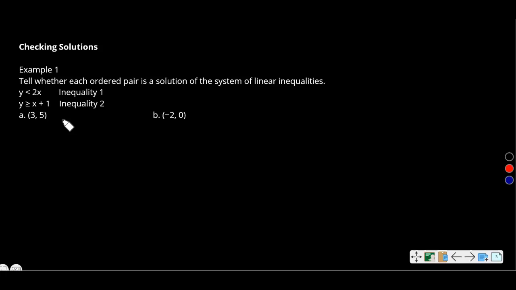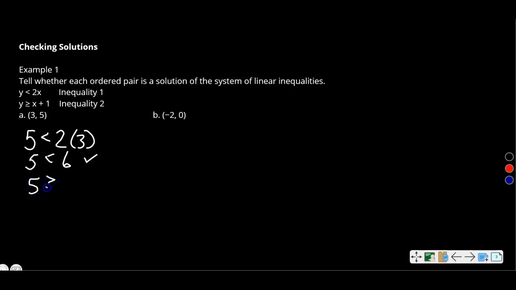So for (3, 5), 5 is the y, so we're going to say, is 5 less than 2 times x, which is 3? Is 5 less than 6? The answer to that is yes. All right, let's look at the second inequality as well. So y greater than or equal to. So y is 5.